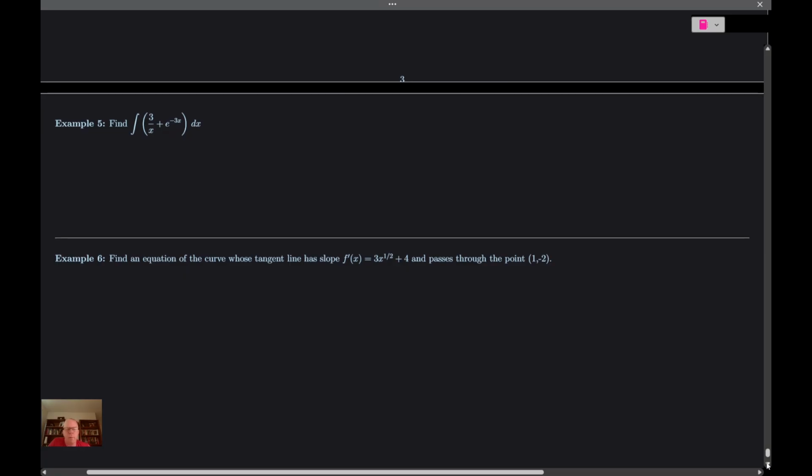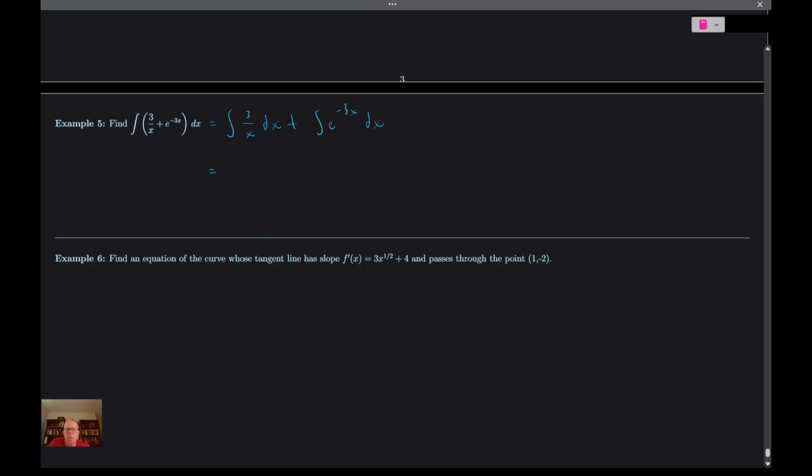Okay, so let's look at this one. This one combines a couple of ones. So, of course, we can look at each one separately and integrate. So 3 over x, of course, we can pull that 3 out.